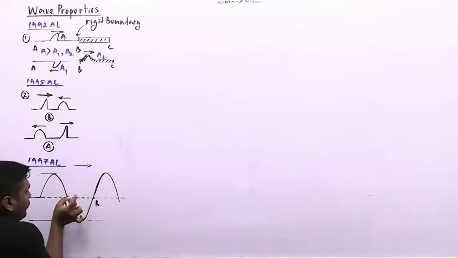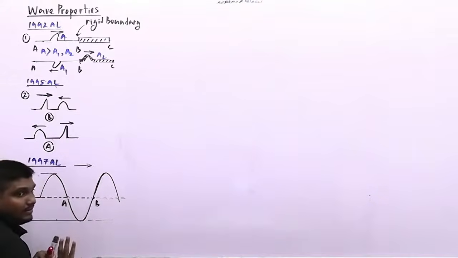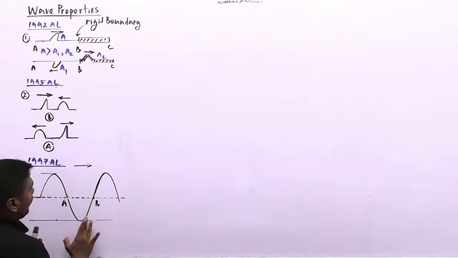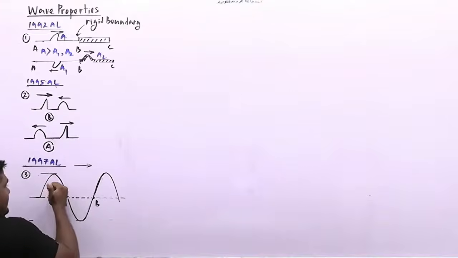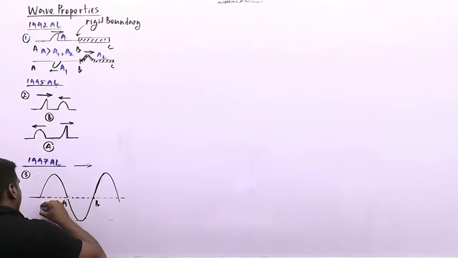Then you will be able to identify the location of water particles A and B easily at the next instant. In the theory classes, I taught this idea. Okay, if I draw the next instant of this water wave propagation, I will draw in blue color. If I draw in blue color, the next instant, the wave front is going to be.